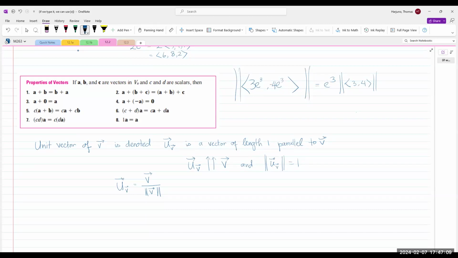For example, suppose we have the vector v equal to (-3, 12, -4).